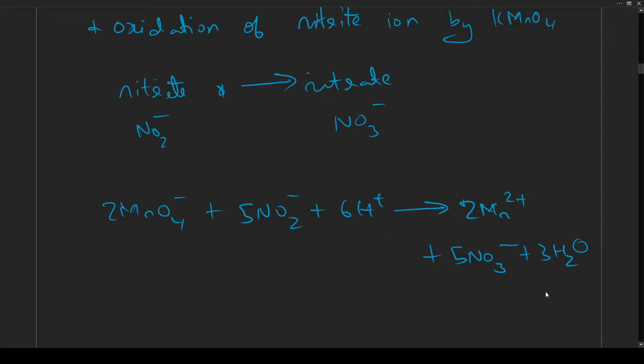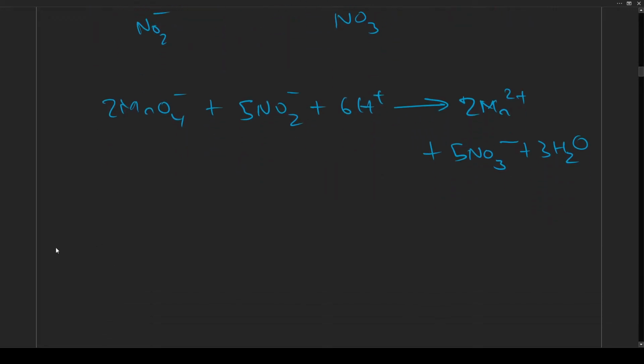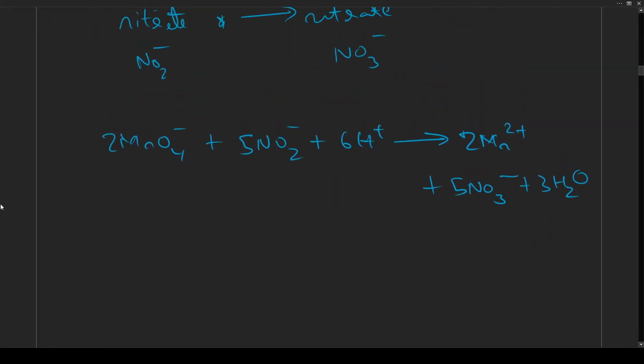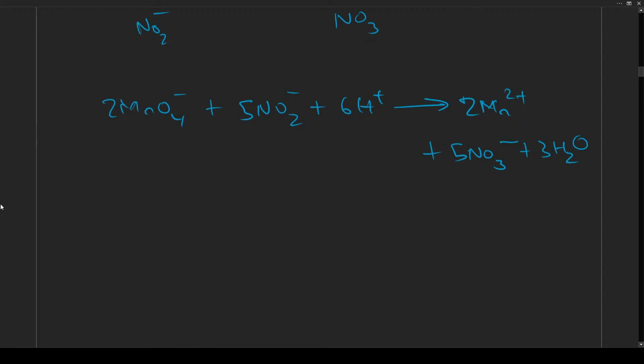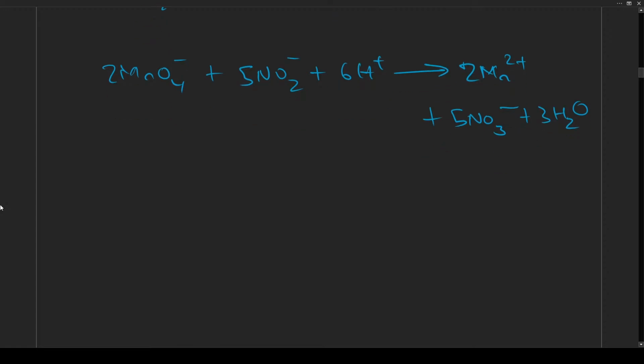This is the reaction. MnO4 minus plus nitrite plus 6H plus. Individually we can write it as NO2 minus becoming NO3 minus.